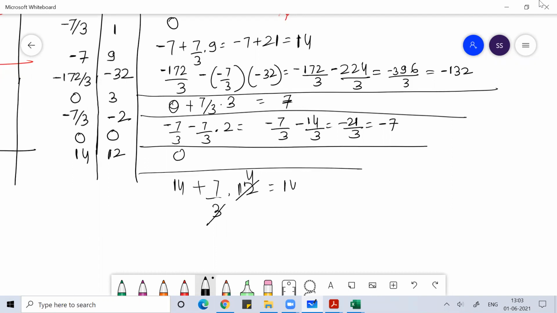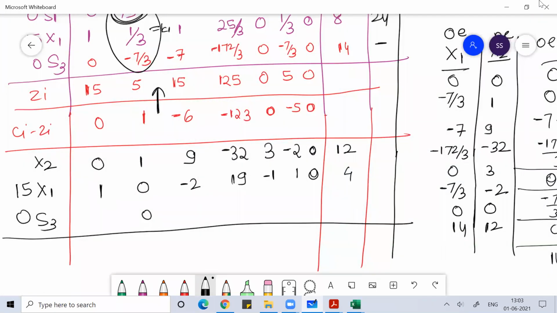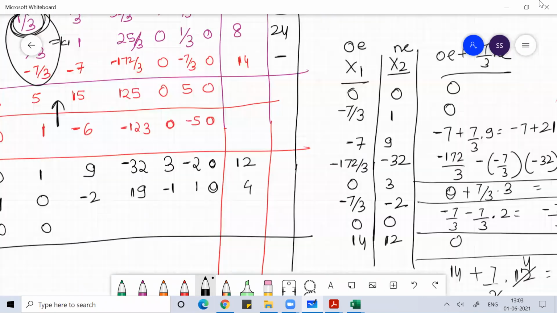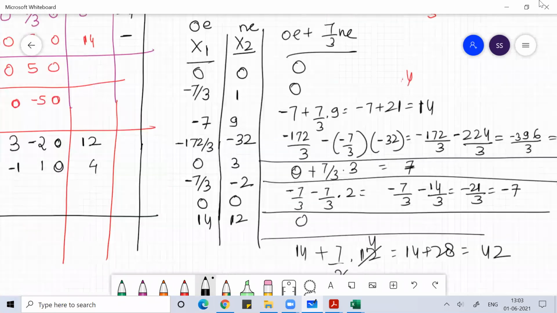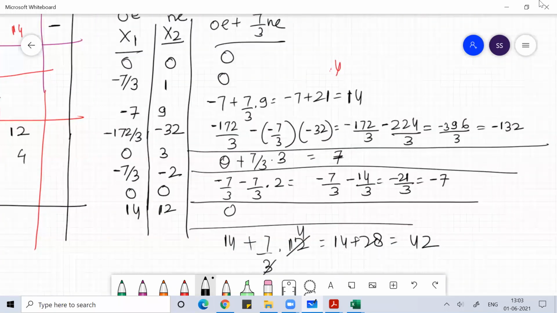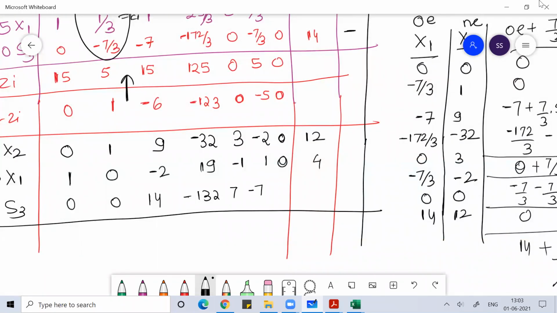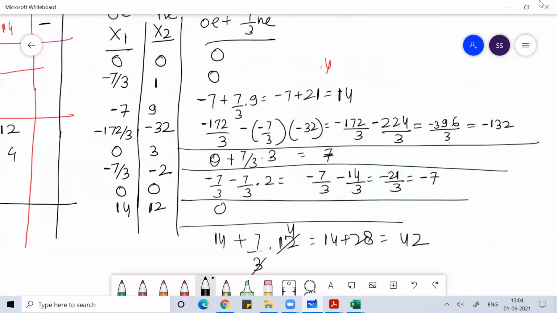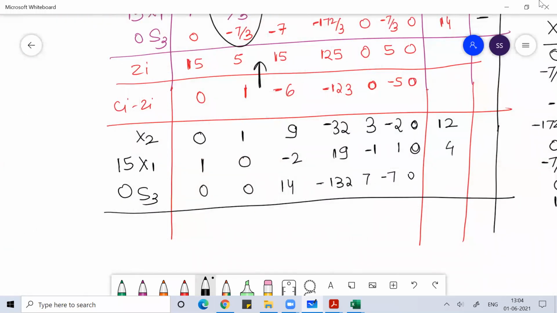So yeah, 14 plus 28 means 42. 0, 0, 0, 0, 0, 14, 0, 0, 14 minus 132, 7 minus 7, then 0, 0, 42.